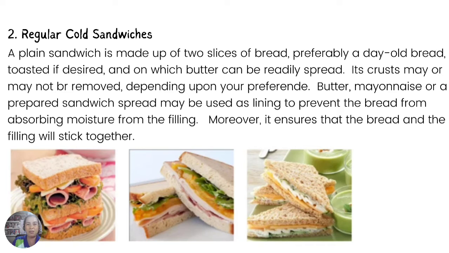Also, it ensures that the bread and the filling will stick together. So that's the main purpose of butter. So in regular cold sandwich, there are 2 slices of bread, plus of course the filling, and of course the spread.